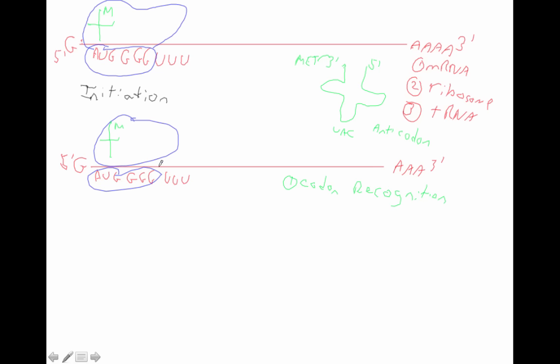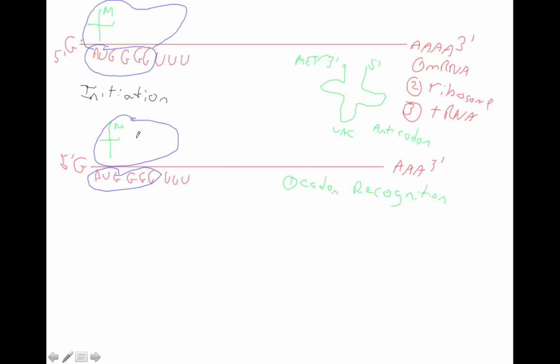All along this area here, it's just flooded with tRNAs, a whole wide variety of them, all with a different anticodon on it, with a different amino acid that is representative of that anticodon.